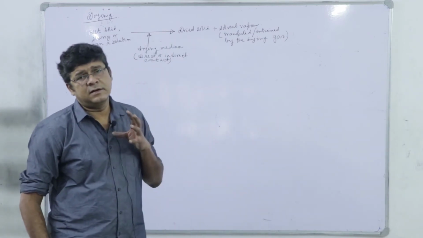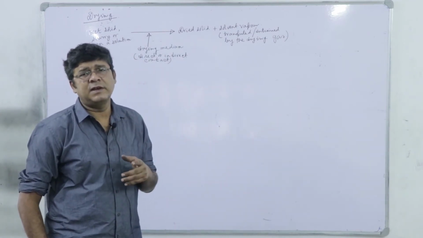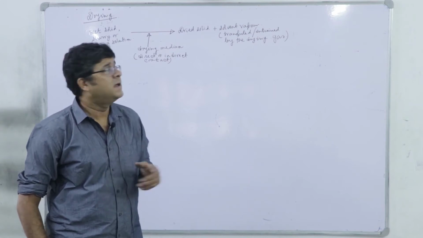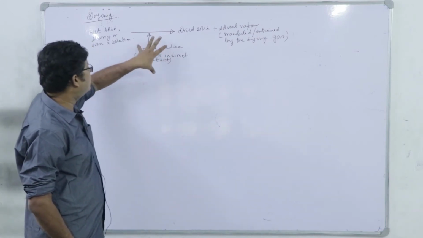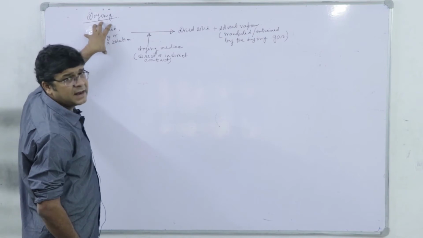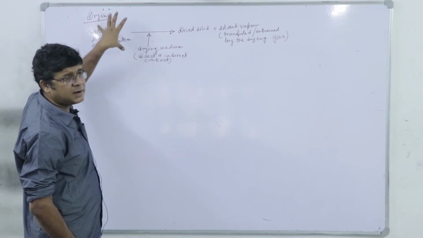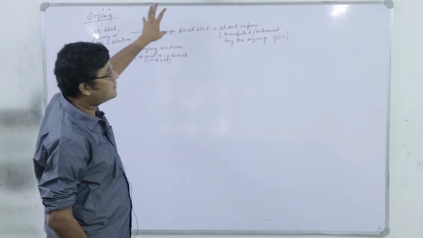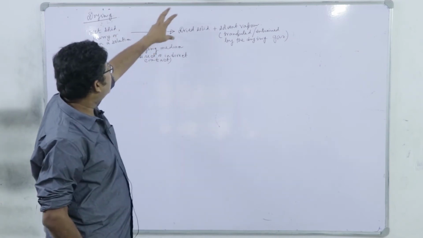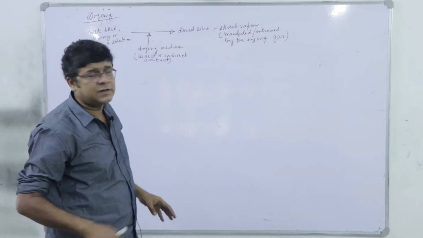And technically what we refer to as drying, you must note that we must use a drying medium. We can use any sort of feed, it may be solid, it may be liquid, or it may be a thick slurry, it may be a solution, but finally we should have a dried solid product.